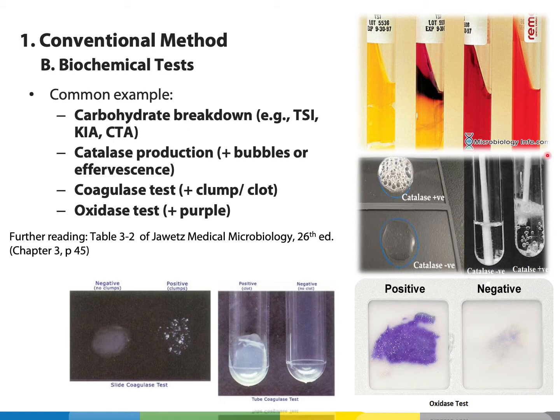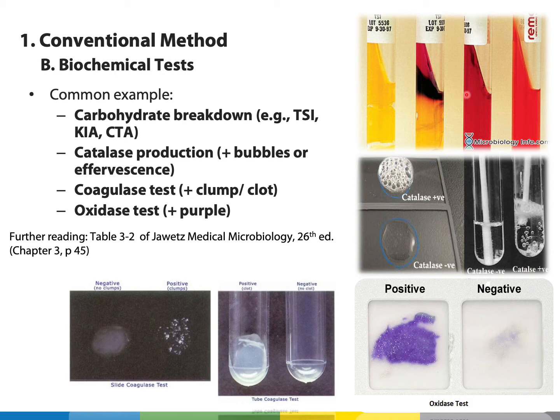Carbohydrate breakdown agar is used to test the ability of the organism to produce acidic metabolic products, either fermentatively or oxidatively, from a range of carbohydrates like glucose, sucrose, and lactose. It is commonly used in identifying gram-negative organisms, particularly Enterobacteriaceae.